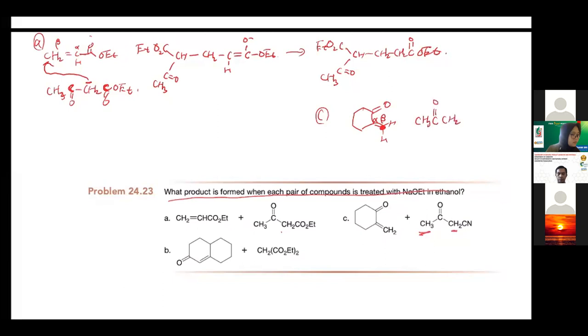This is also activated, attached to the nitrile here. Yes, the nitrile is also activated with the alpha carbon. And yes, this one is nucleophilically attacked here. That's the Michael reaction.